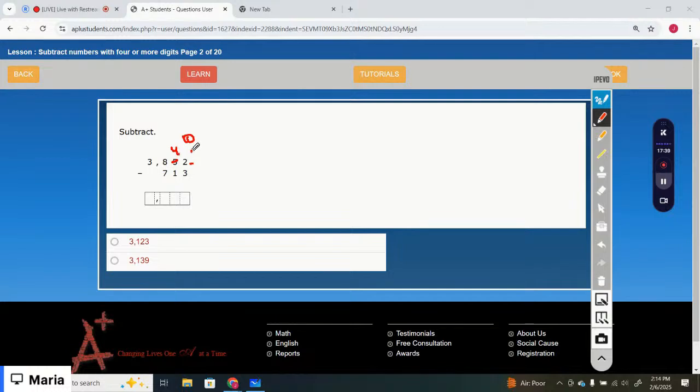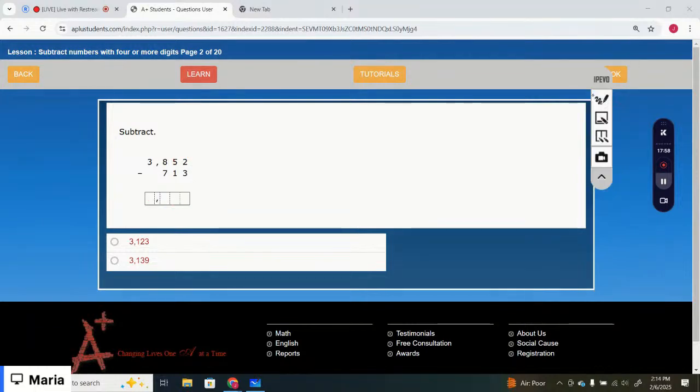So you need to borrow 1, 4 over here and 12 over here. 12 take away 3 is 9. 4 take away 1 is 3. 8 take away 7 is 1 and 3. That is 3,139. Option number 2 is the correct option.